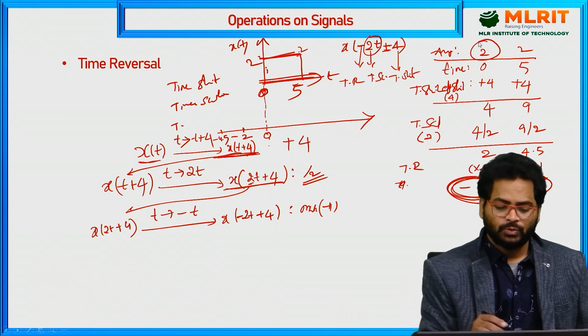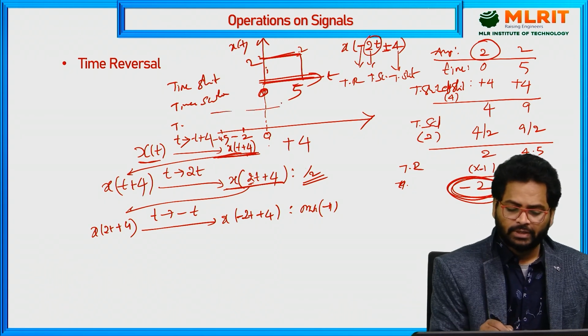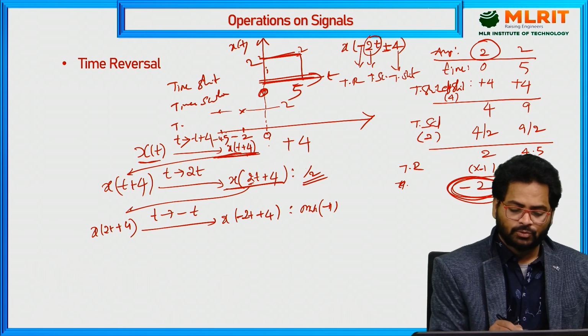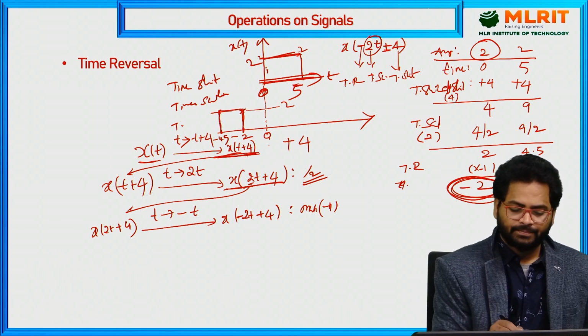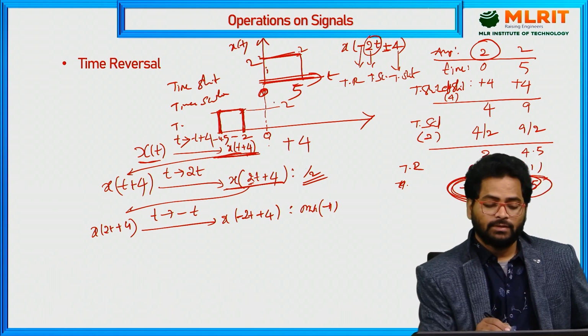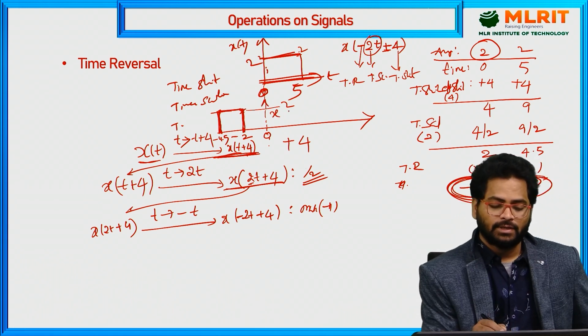The amplitude is 2. At minus 4.5, your amplitude is also 2. Your signal will look like this. We can name this signal x of minus 2t plus 4.